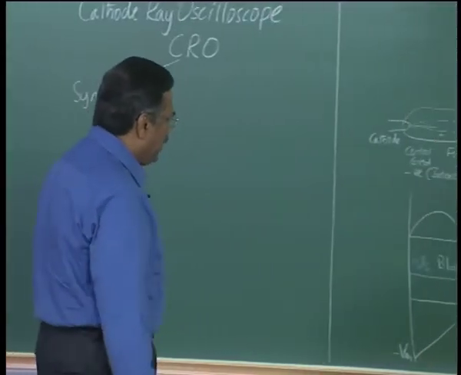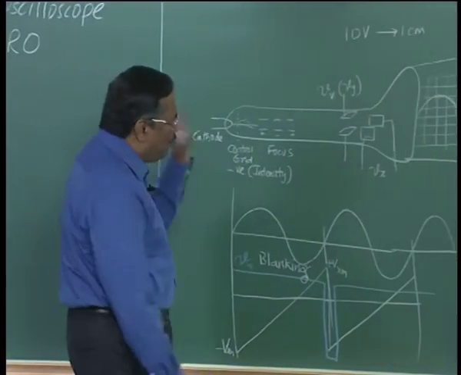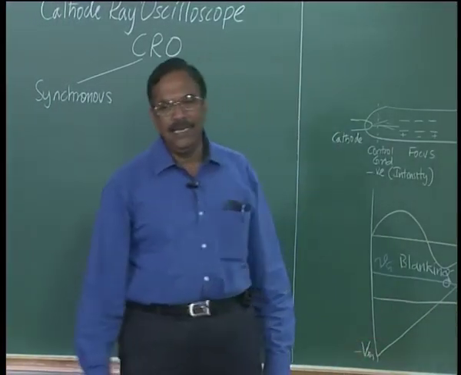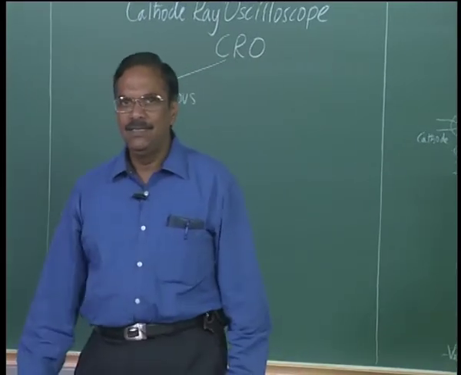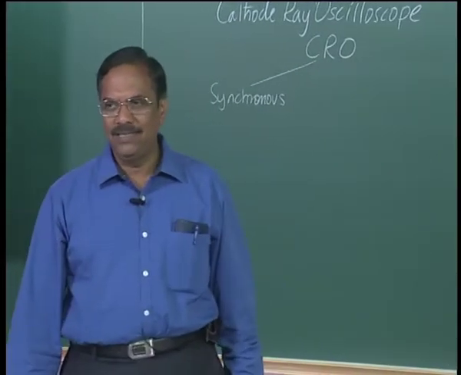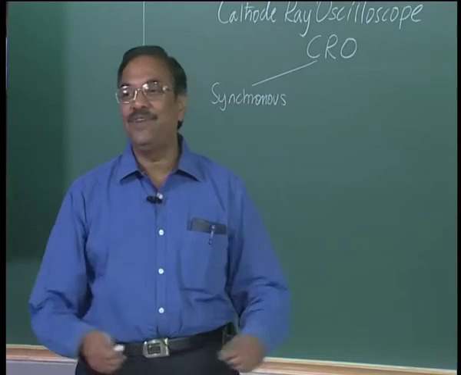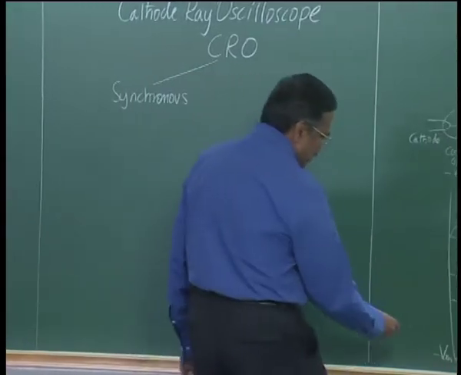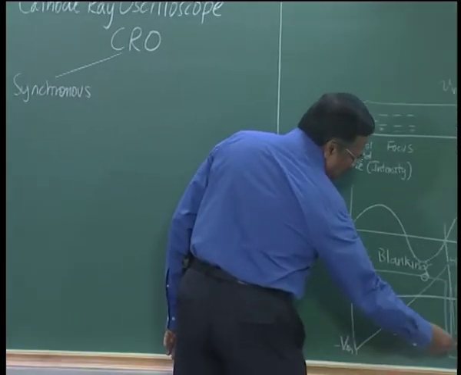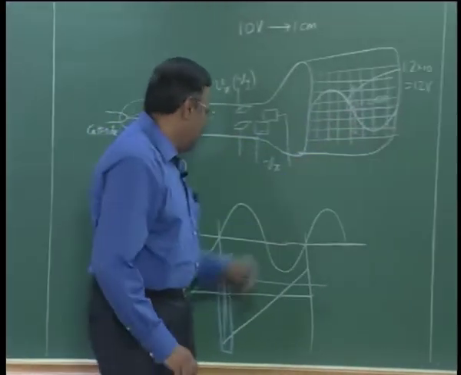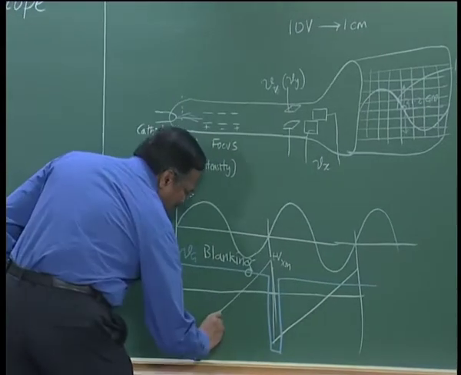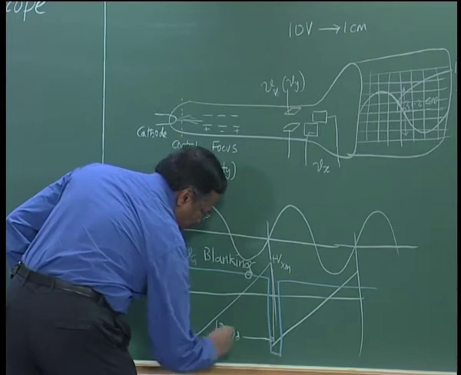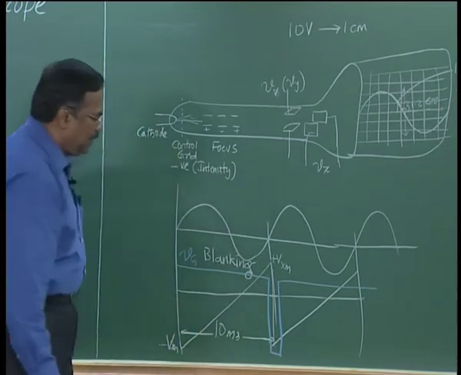So people came up with the idea that horizontal also we should be able to make a measurement, which means I must keep a constant frequency on the horizontal, right, and I should be able to select this frequency, right. So the sweep time, the time that it takes for one sweep to occur on the x axis, we can set, let us say I set it as 10 millisecond, right.